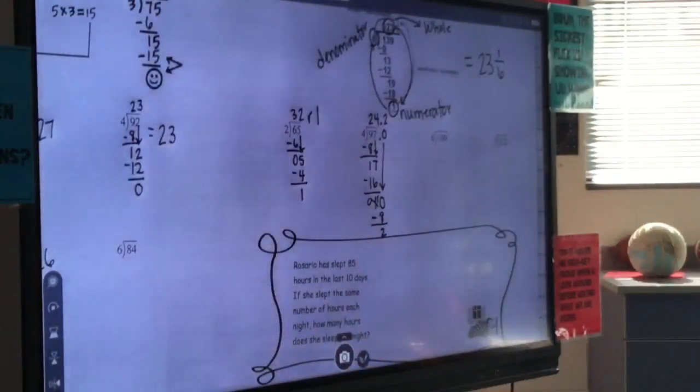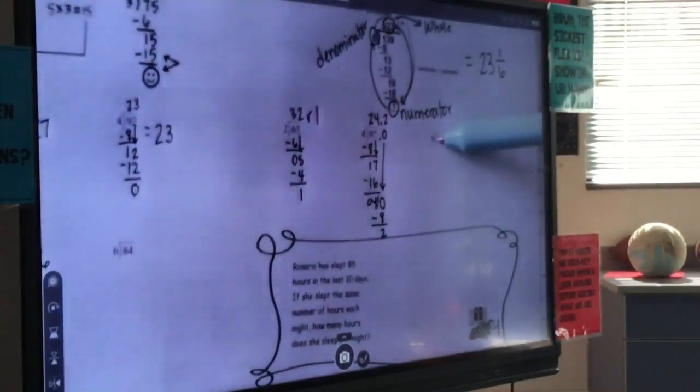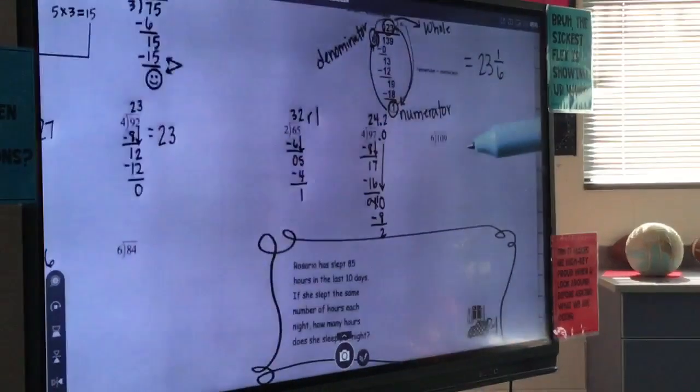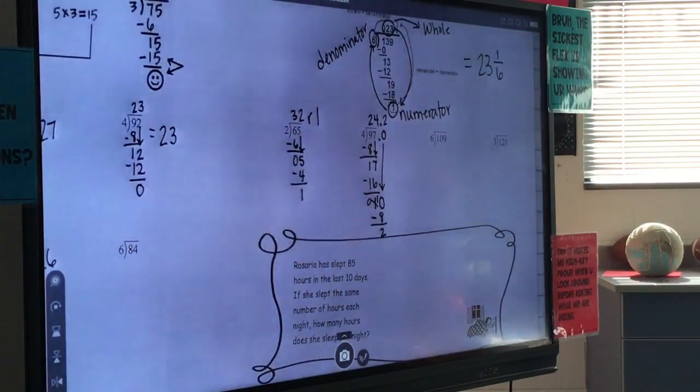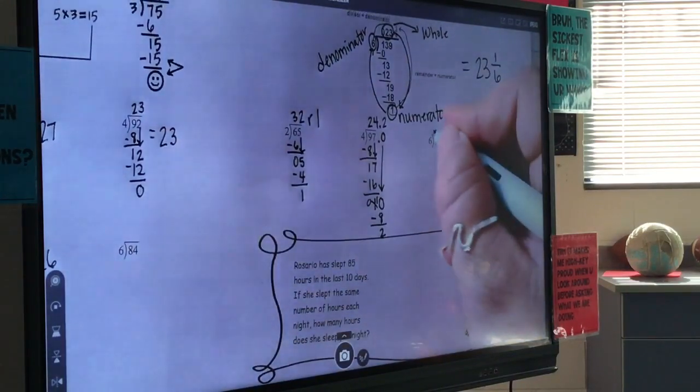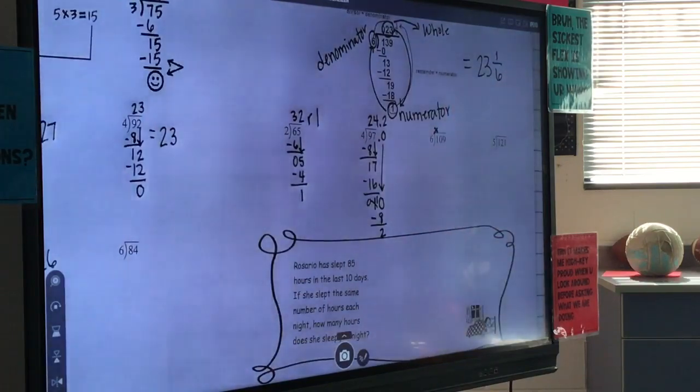And the last one of this, we're going to write as a fraction. Okay? So it's 109 divided by 6. What can I multiply 6 by to get 1? Nothing. So with that being said, I want you to put a little X above your 1 so you don't put your digit in the wrong place.